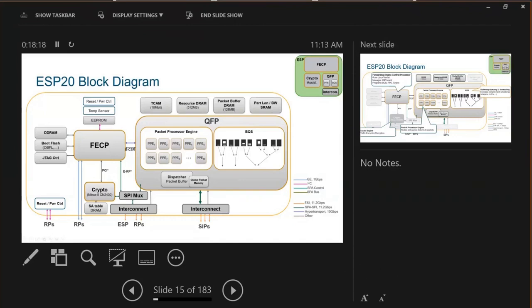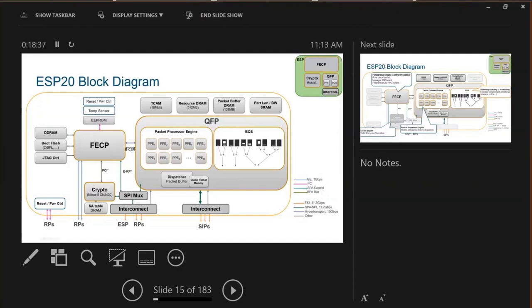We have a few main components here. The first one is global packet memory. When packets are received from the SIPs, the packets that are received from the other devices will be put into global packet memory first.